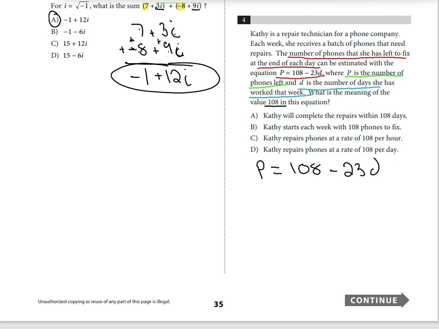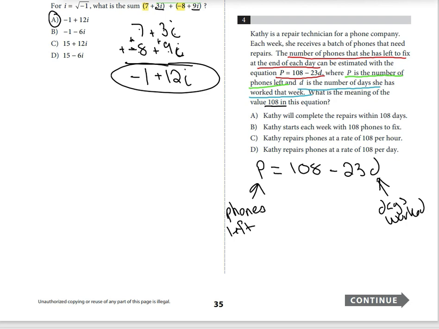So we know that P is the number of phones left, and D, days worked. So what's the meaning of 108 in this equation?